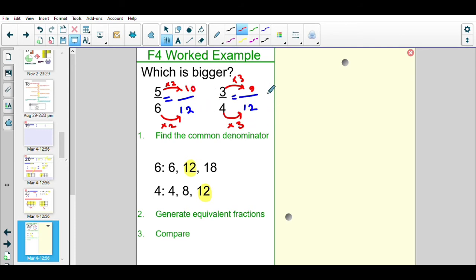Now we are looking to see which one is bigger, and we can clearly see 10 over 12, whose original form is 5 over 6, is bigger. So to answer the question, I have to write down in the original form: 5 over 6 is bigger.